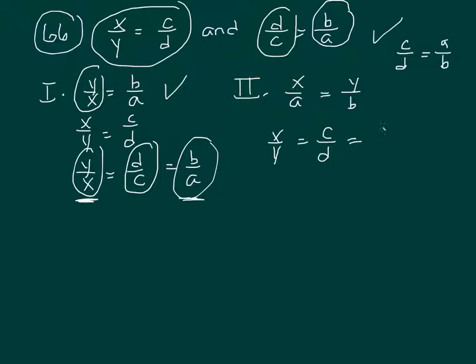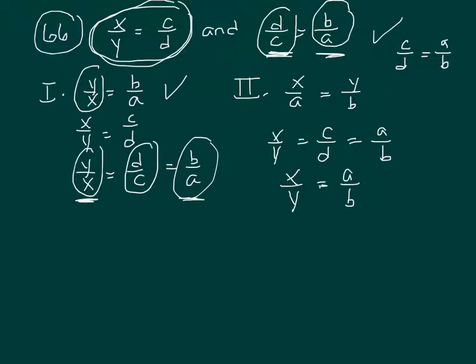So this would equal a over b. Do you see what I did there? I'm starting with x over y equals c over d, and then I want to figure out what c over d is equal to. We had to take the reciprocal of each side. So c over d is a over b. So I know that x over y equals a over b.